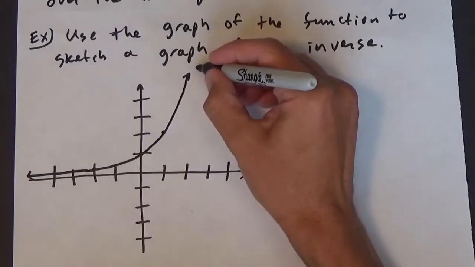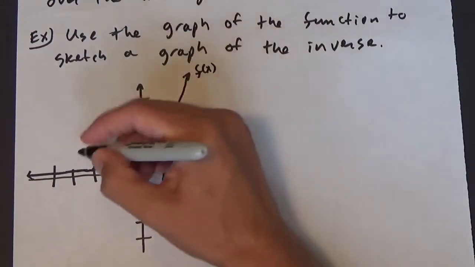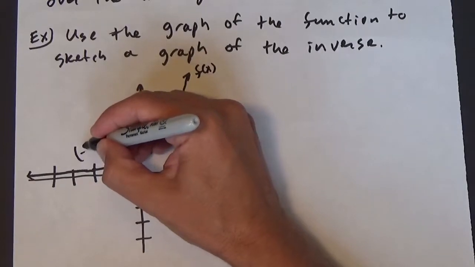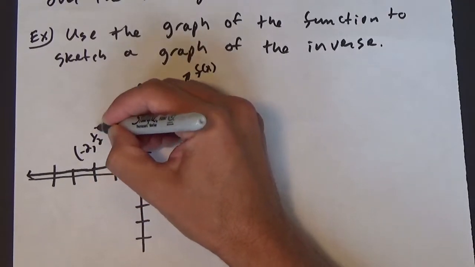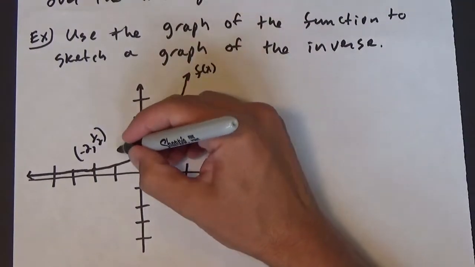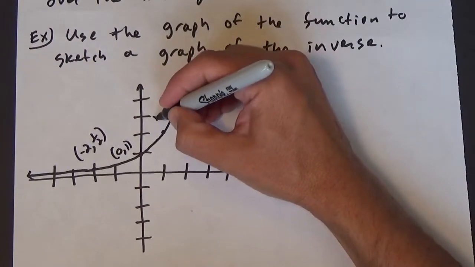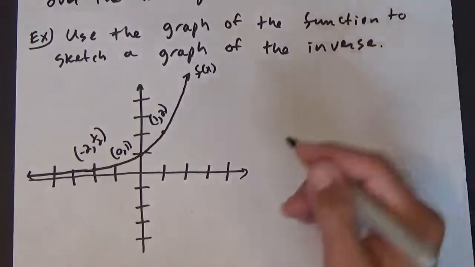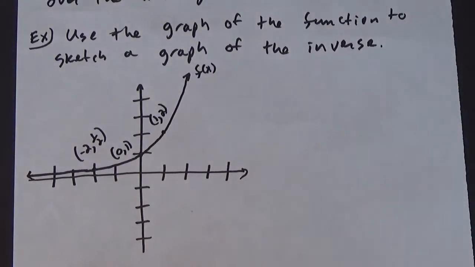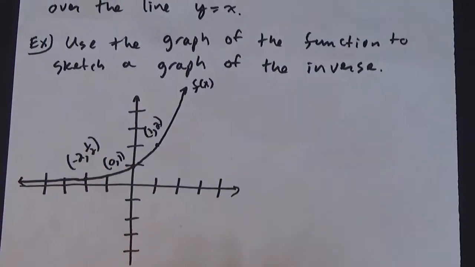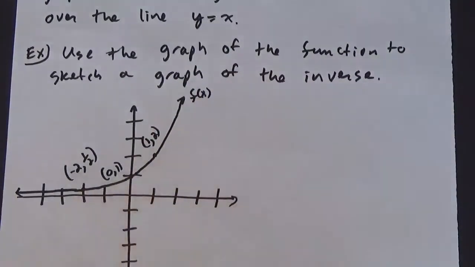So here's our original function, f of x, and we had the points -2, 1/2; 0, 1; 1, 2. All right, so this is what's given. We have this graph and we want to sketch a graph of the inverse.